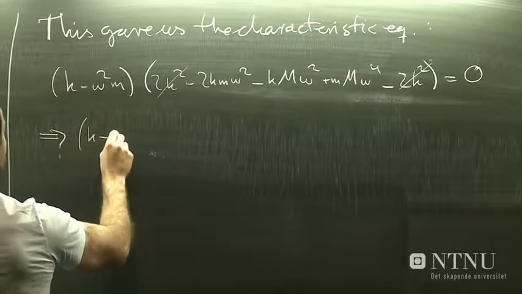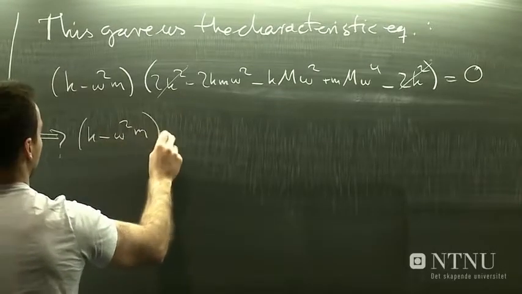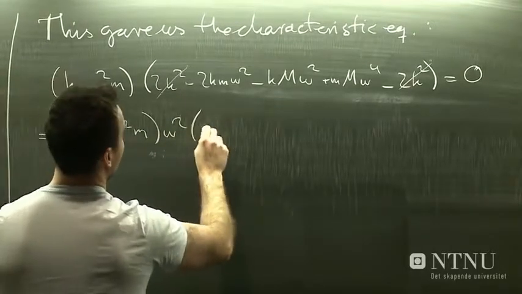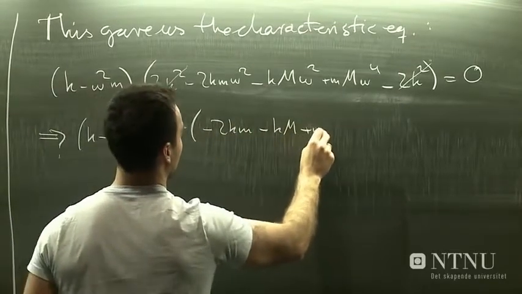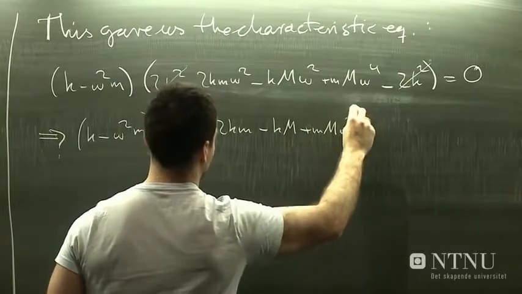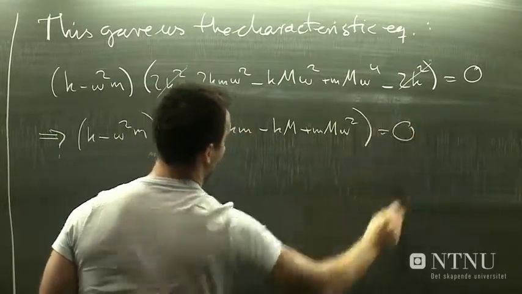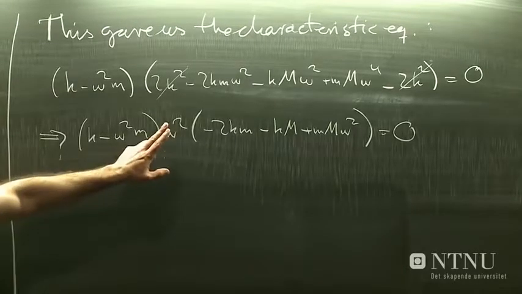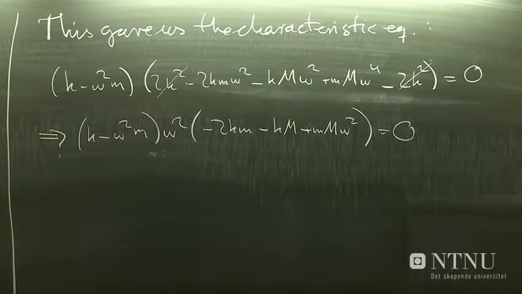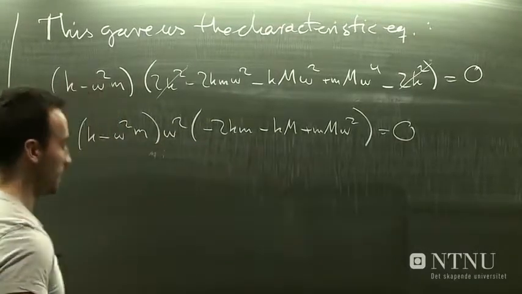So we get this, which allows us to identify yet another solution, namely omega equals 0. So then we're basically left with this parenthesis.